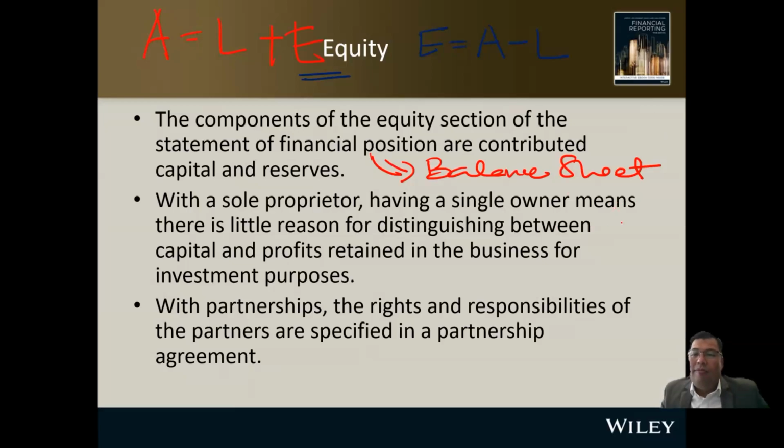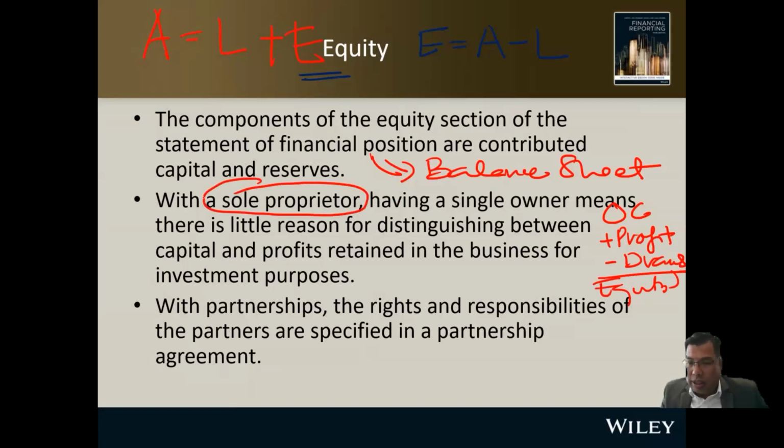Am I right? Equity is opening capital plus profit minus drawing. So that is your equity when you do your AK 111, because we are handling a sole proprietorship. One owner starts the business, he runs the business, he's the sole owner.